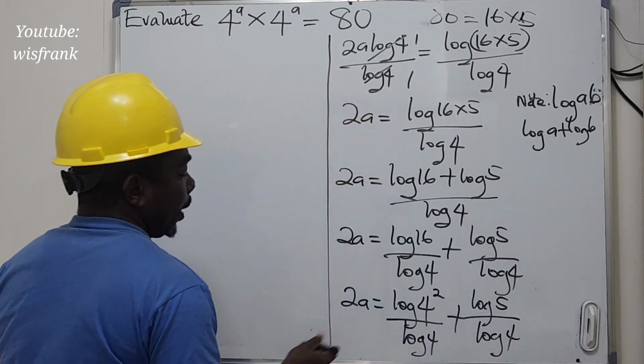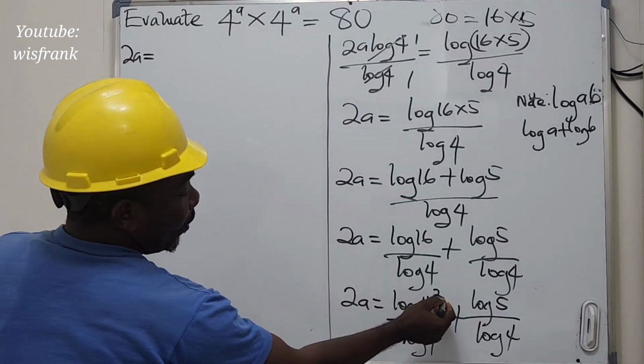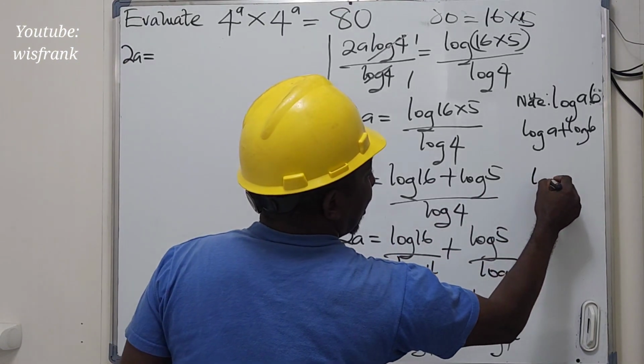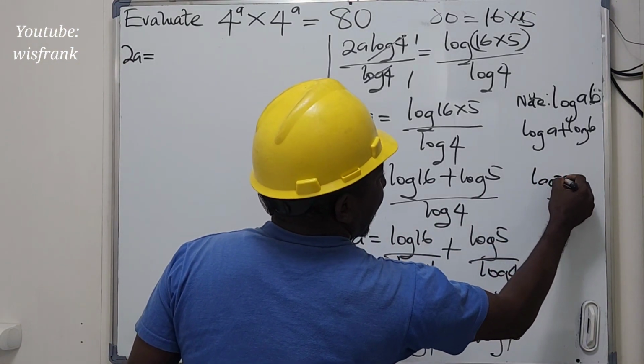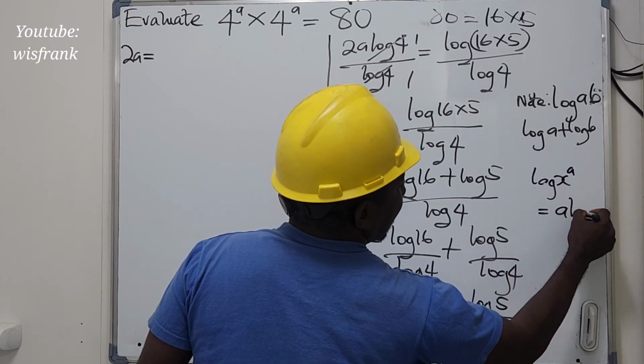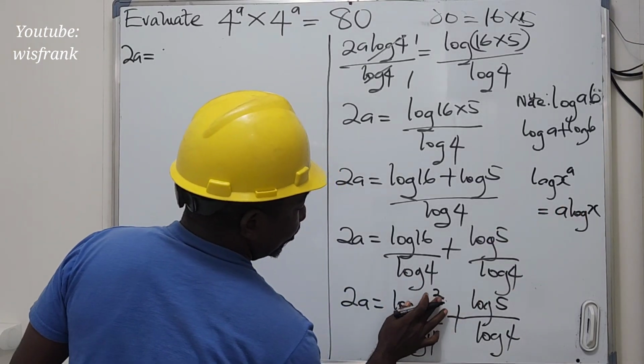So here we still remain with 2a equals this. As we said before, when we have log x to the power of a, it is the same thing as a log x. Representing this in this format, this is 4 to the power of 2.